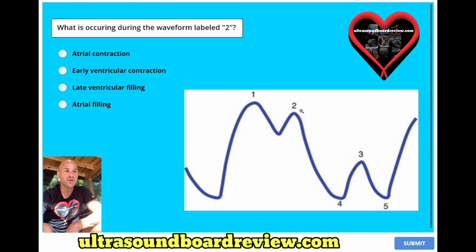So what's happening right here? The answer is B. Early ventricular contraction.